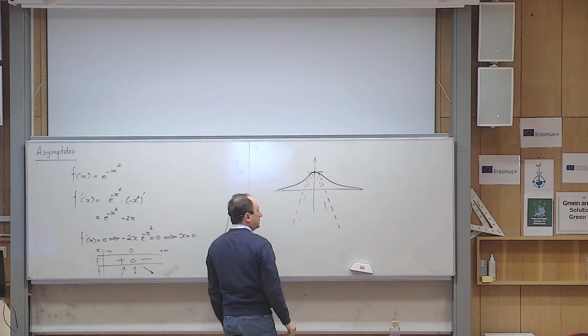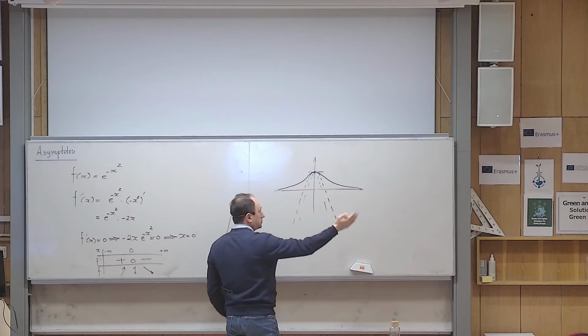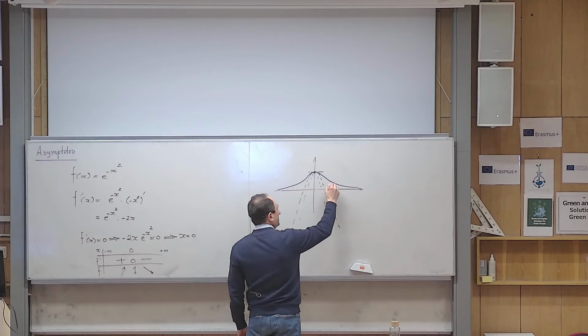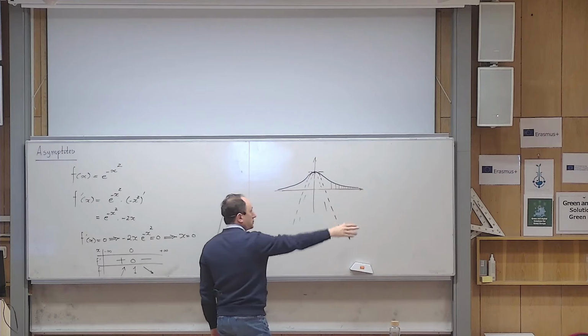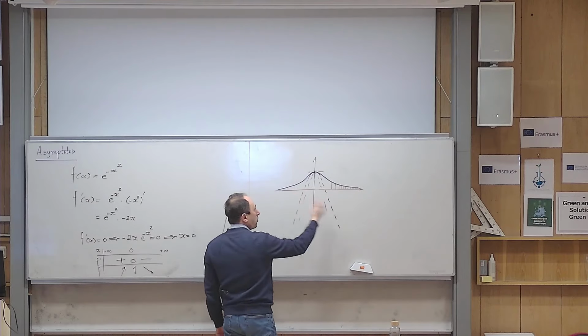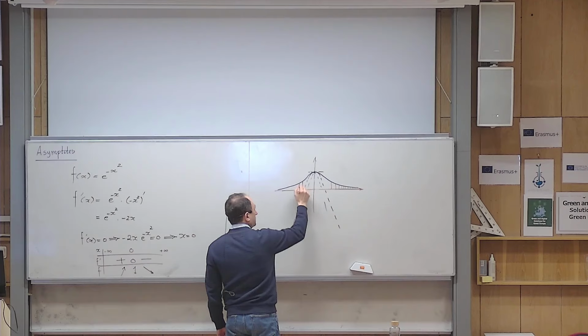What does it mean? It means that if I go far to the ends, either from the right or from the left, the deviation from my curve to that line becomes smaller and smaller, here on both ends. Yes?